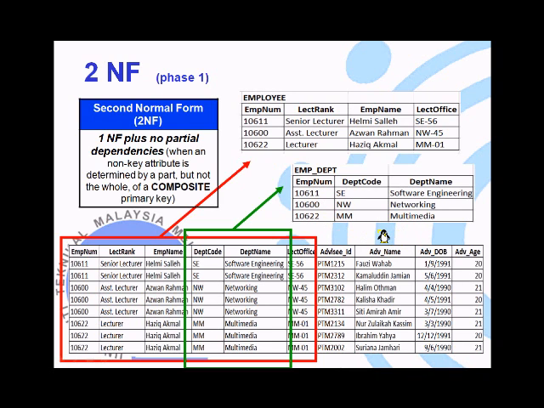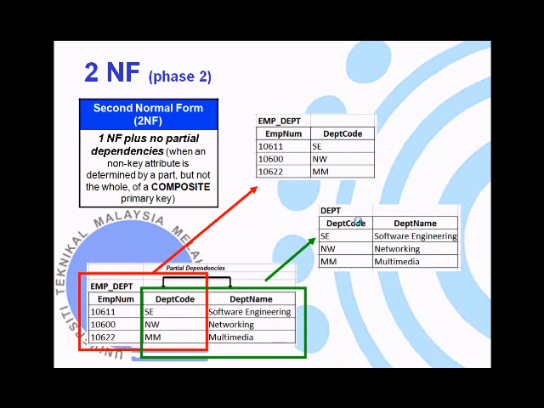To solve this issue, we need to break down this table into two other tables like this. And right now we have the second normal form in the second phase, in which EMP dept will have another table known as department. Department consists only of department code and department name, while EMP dept consists of EMP num and department code.